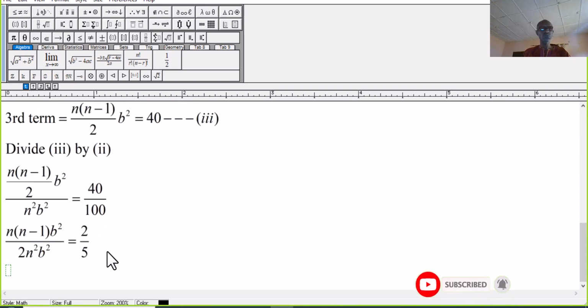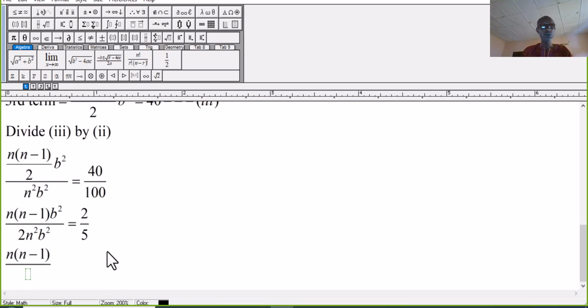So now b squared will cancel out. So we are left with 10. Then we can bring that 2 to that side. So we are left with n into n minus 1 all over n squared equals 4 over 5.